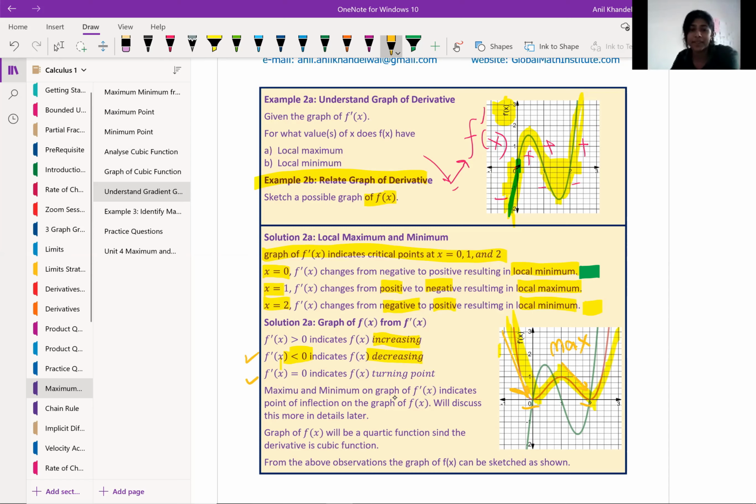Now, I'd like you to read the solution once again, and then we'll go through this graph, and I'll point on this graph whatever you're reading, so that it makes sense to many viewers who will be watching it later. Okay. Read the solution. F prime x being greater than 0 indicates f of x increasing.